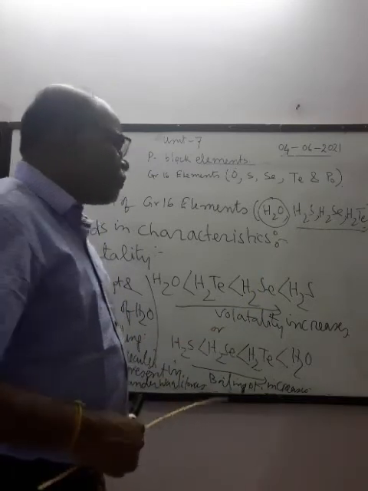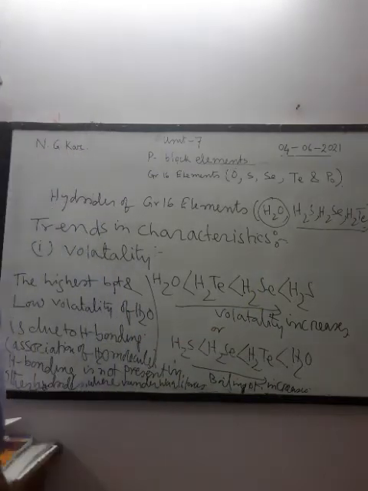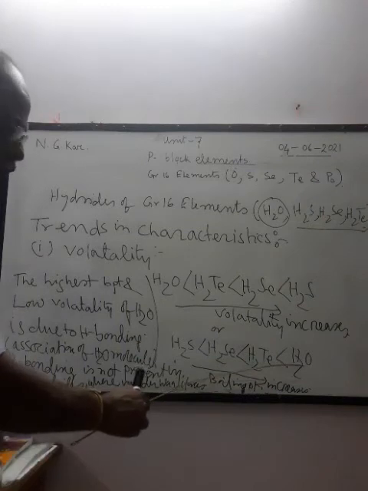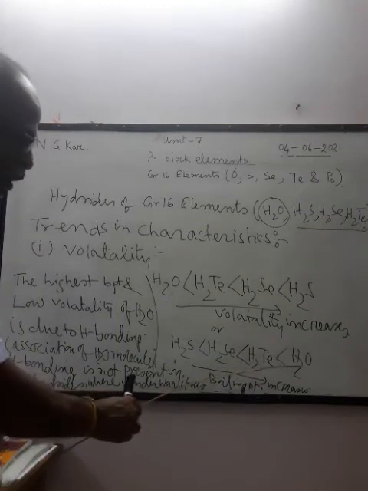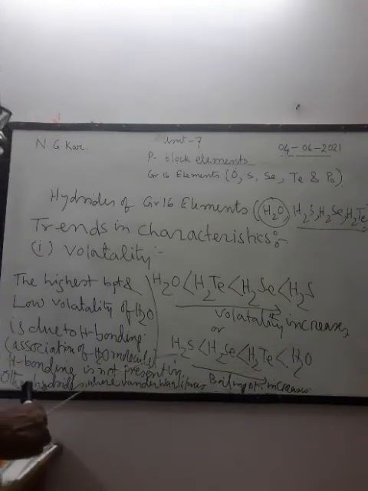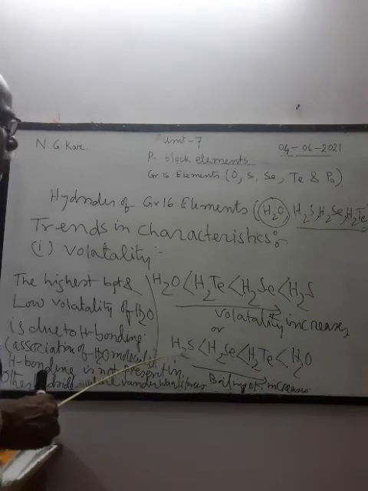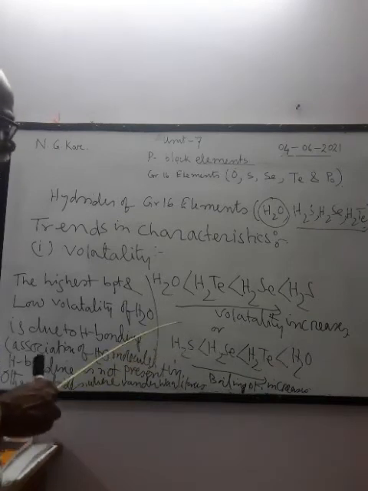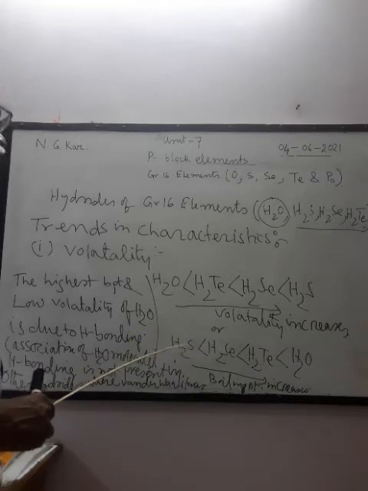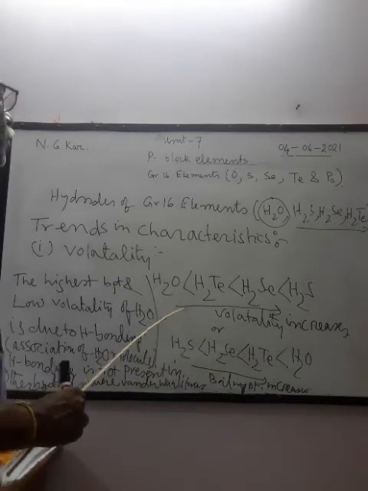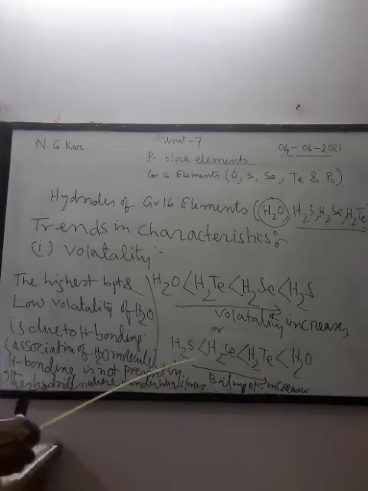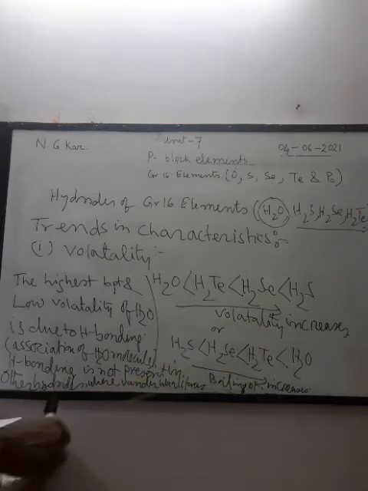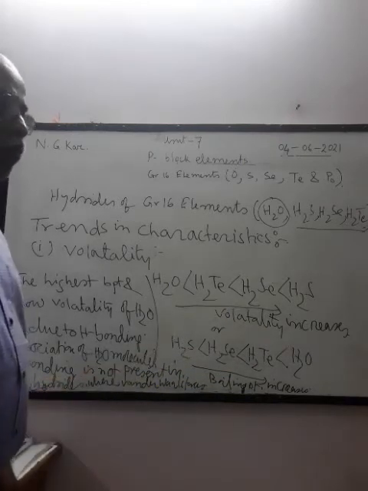So this is the order of boiling point. Highest boiling because of hydrogen bonding due to association, least boiling because of low van der Waals forces due to smaller size and mass. So this is the order of boiling point, and this is the order of volatility.